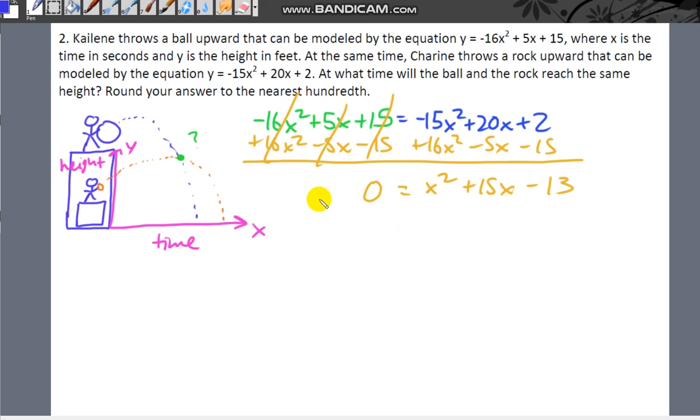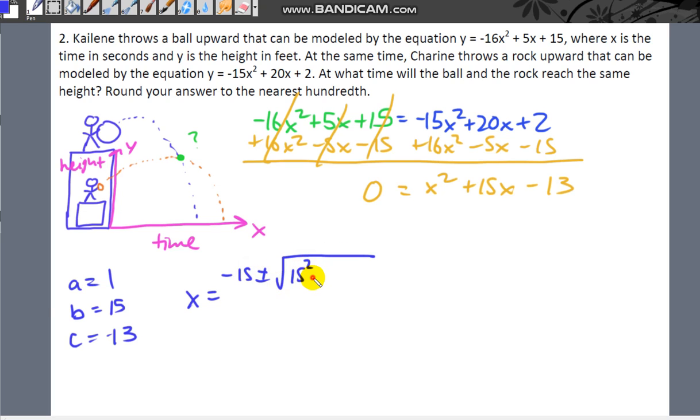Alright, so now we can apply that lovely quadratic formula. I'm going to write on the side here just to make some room for myself. A is 1, B is 15, C is negative 13. Alright, now let's plug in this bad boy. So x equals negative b plus or minus square root of b squared minus 4ac, divided by 2a, is what Mr. Chang sings.